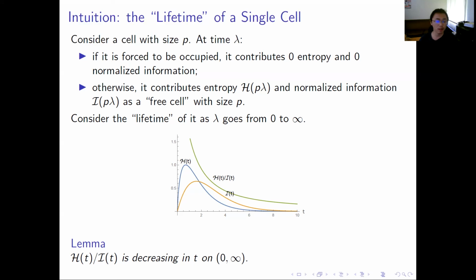So basically, you should never kill a cell. And this is, roughly speaking, the proof of why PCSA is optimal among the class of linearizable sketches.